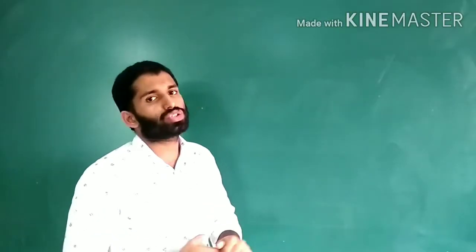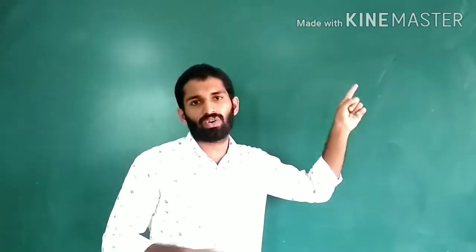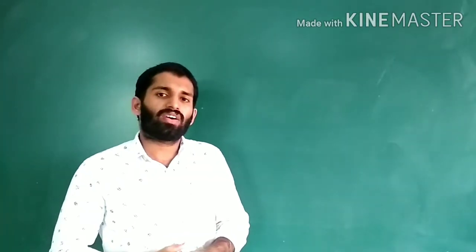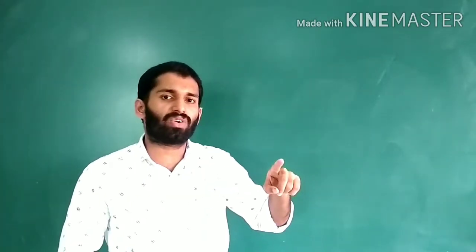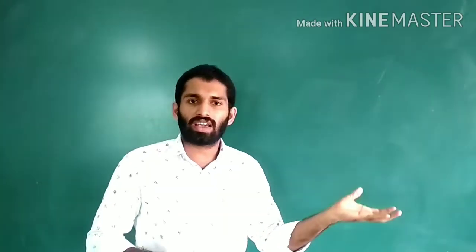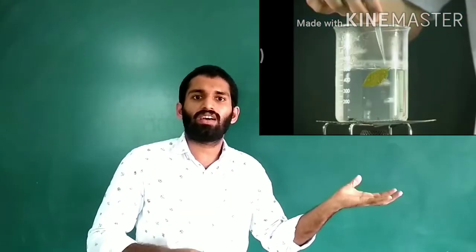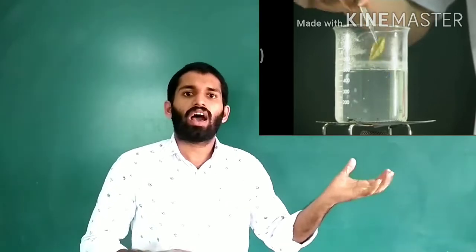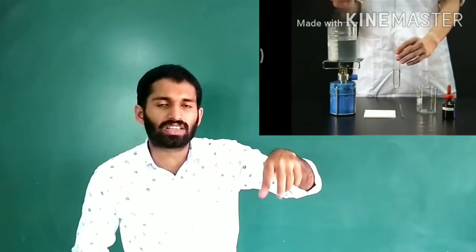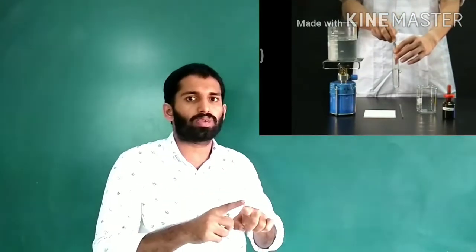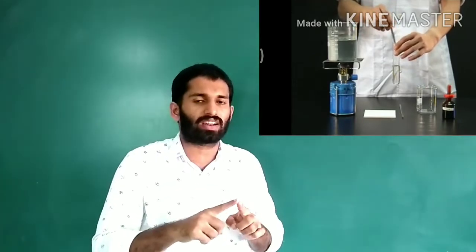After that, you should boil it in alcohol. And how will you boil it in alcohol? You should take a beaker or a container having water, and you should take the alcohol in a test tube. A test tube means a small glass container.